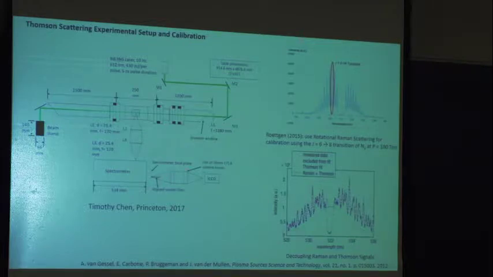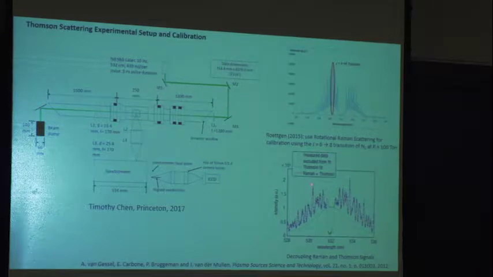So here is the experimental result, and probably this is by Bruggeman, and you can see this is the Raman scattering. You can use this signal as the reference to measure the electron number density, and here is the Raman signal and Thomson signal together.